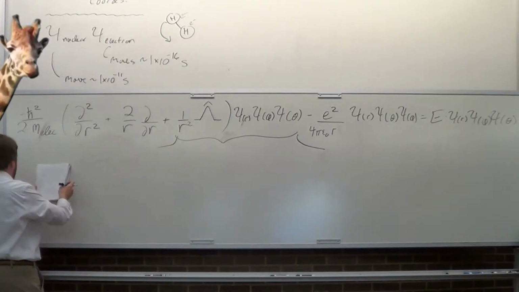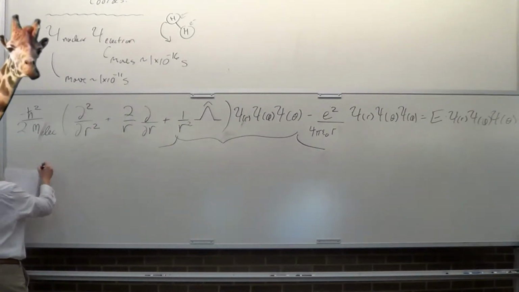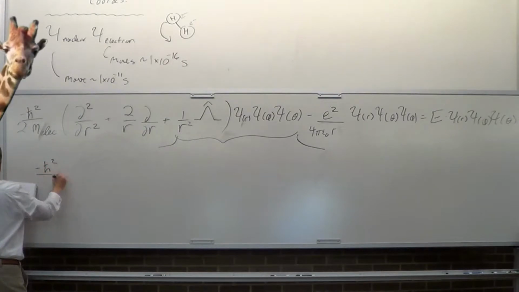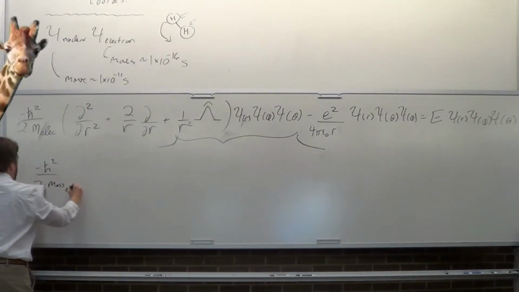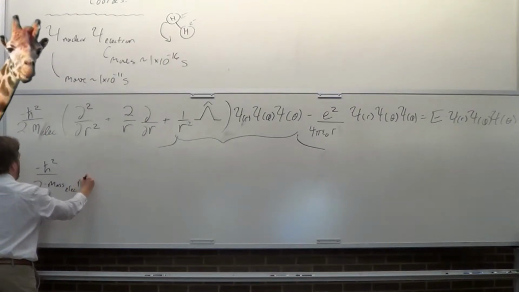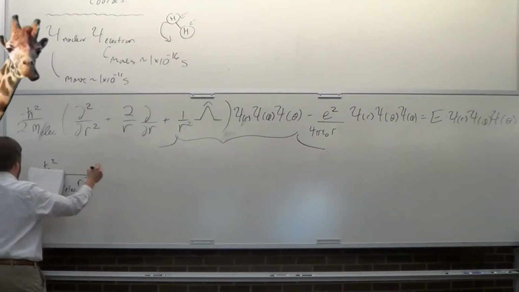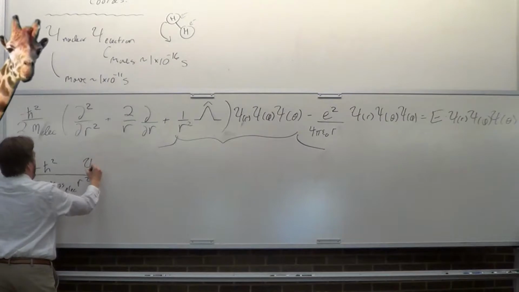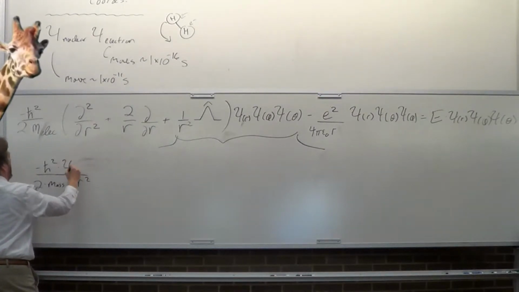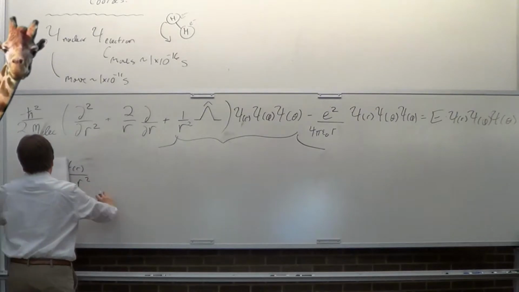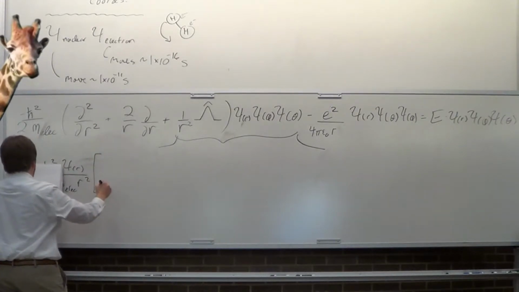And okay, so this is minus h bar squared over 2 mass. And for some reason I wrote mass fully out. I don't know why. Okay, the radial, let me try to make it neater. The board will blow up. The radial part will pop out of the wave function, right?